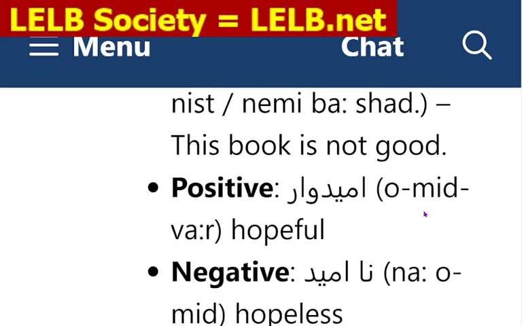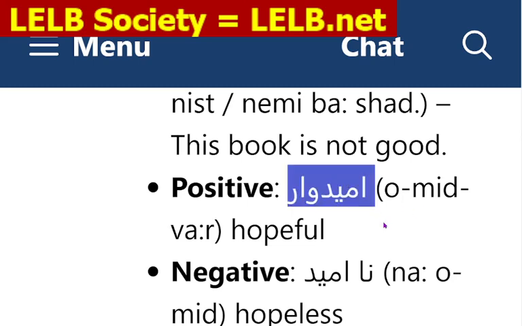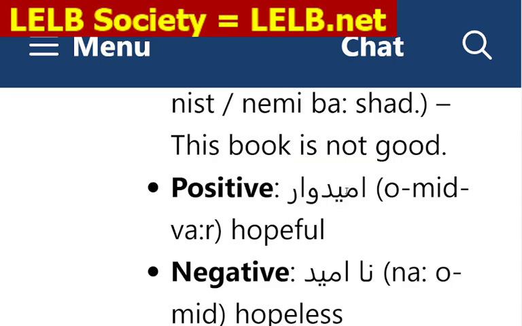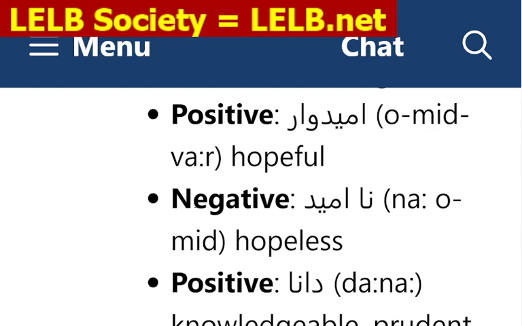Also, because we are talking about adjectives, positive: امیدوار means optimistic, hopeful. Remember, امیدوار is an adjective, and the opposite is ناامید. So na is added to omid. Omid is hope, and na is like the suffix less, which means without.